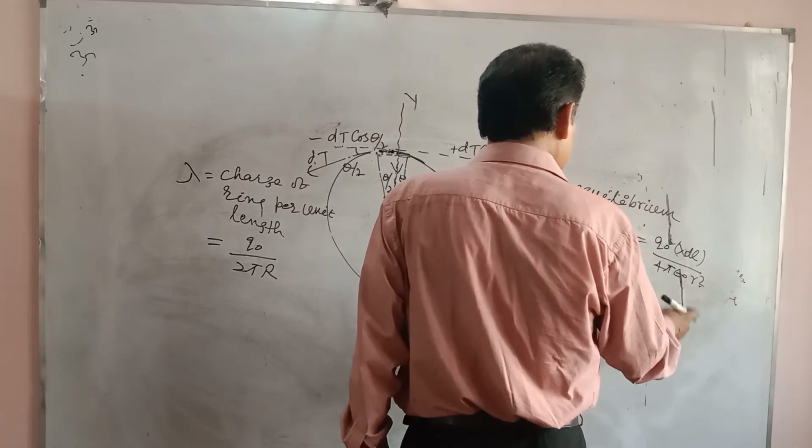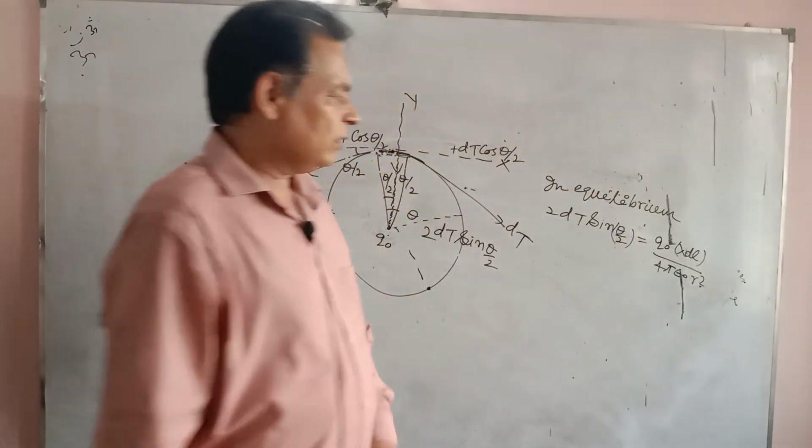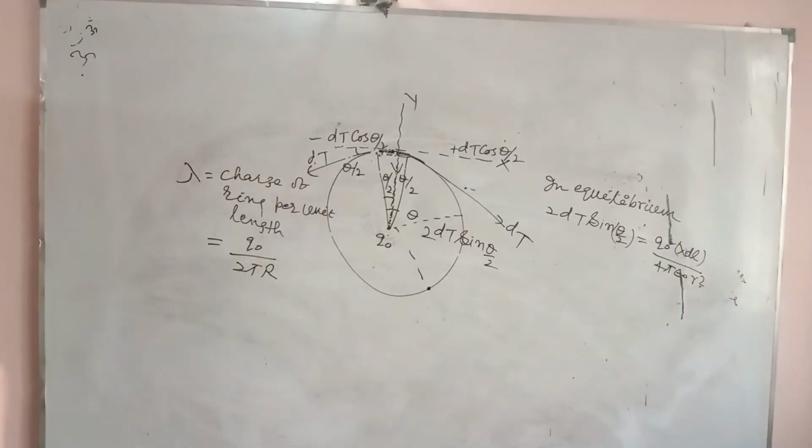It's okay now? This electrostatic force outward will be equal and opposite to 2 dT sine theta by 2.